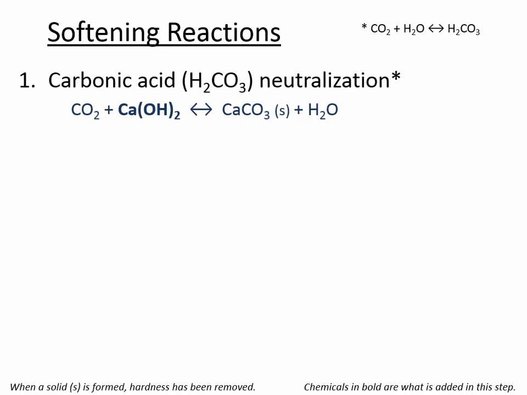And that CO2 that's in the water, you can see in this reaction, if you have CO2 dissolved in water, what it really forms is carbonic acid. And so that acid is going to be, at first, neutralizing however much base you add. So we have to add a little bit of lime just to get rid of the CO2. And usually it's not too much.